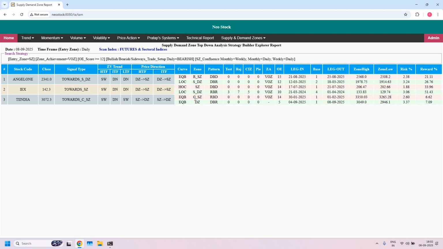In all the 3 stocks, these daily supply zones overlapped with weekly supply zone, both together again overlapped with monthly supply zone. But monthly trend is sideways. Sideways trend EMA confluence cannot be used for finding high probability trade setup zones. So in this strategy, we don't have any high probability trade setup daily supply zones available.